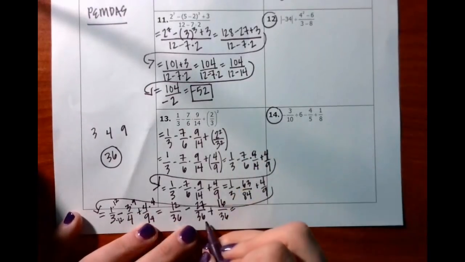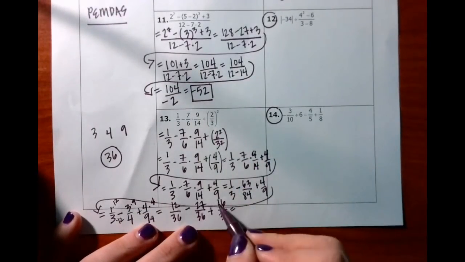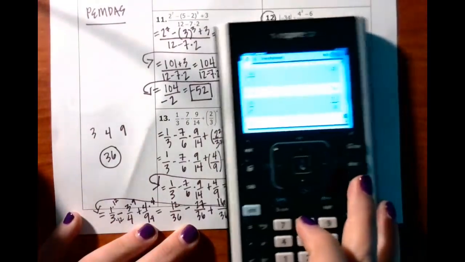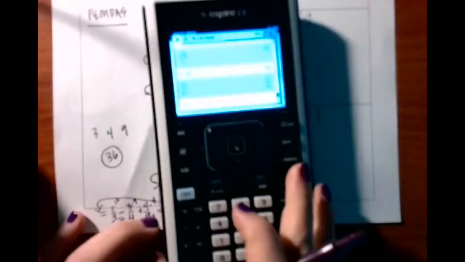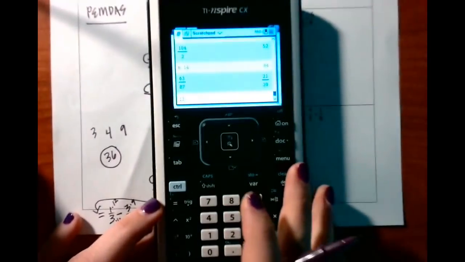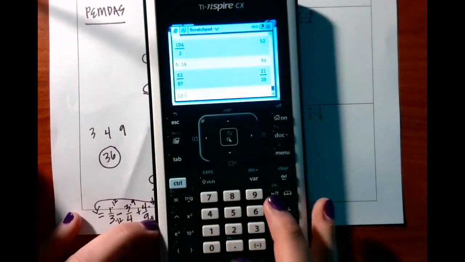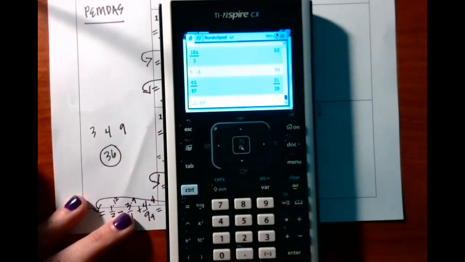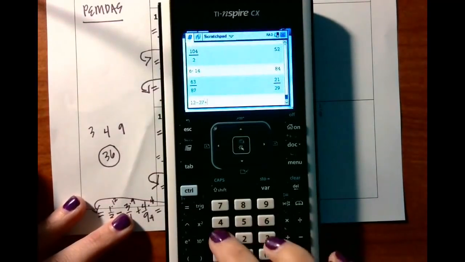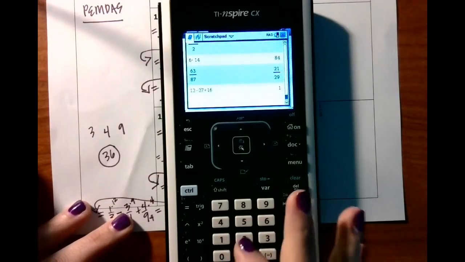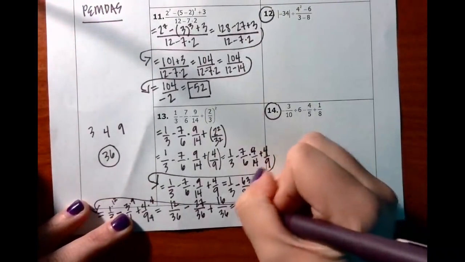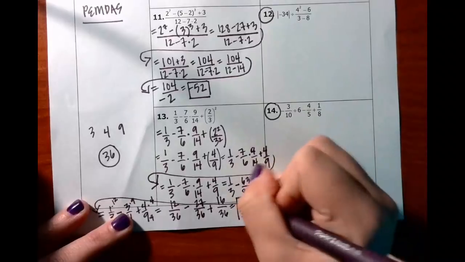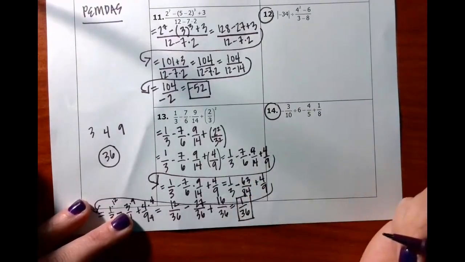Since my denominator is the same, all I have to worry about now is the operations up top. So in my calculator, I would do 12 minus 27 plus 16, because remember, you have to go left to right. That leaves me 1 over 36. I can't simplify that anymore. I box it in and I'm done.